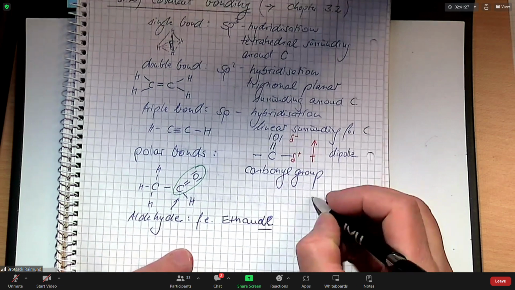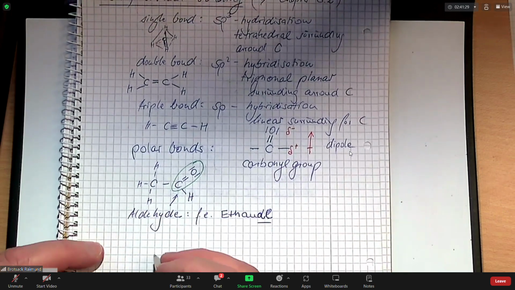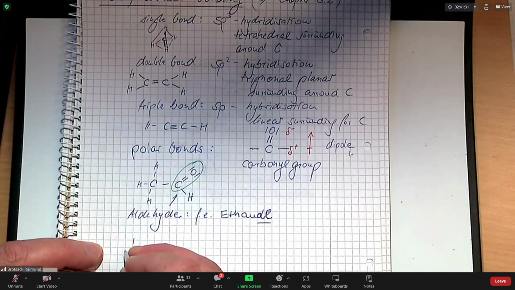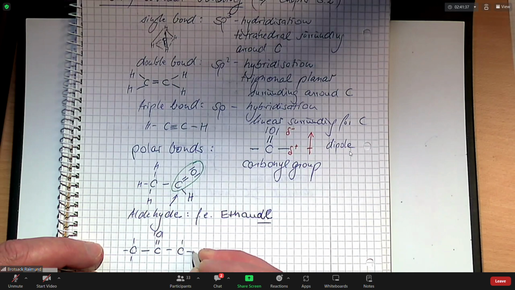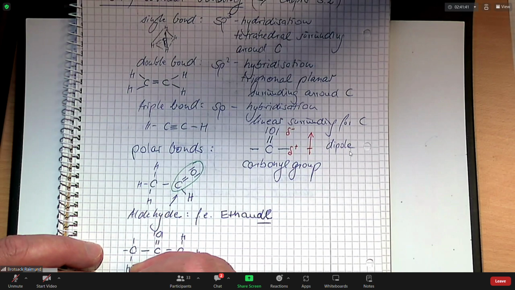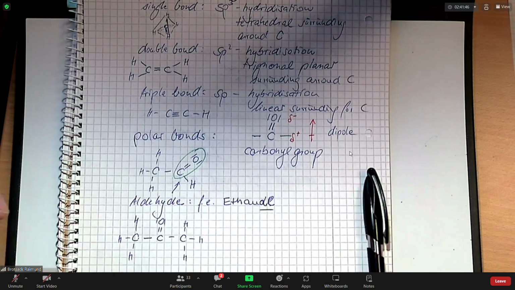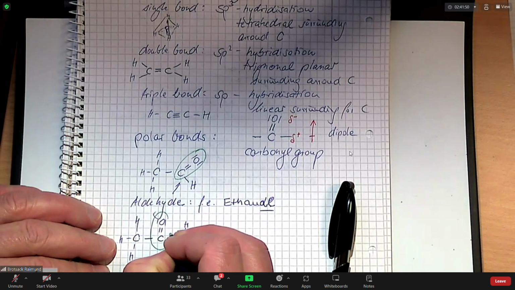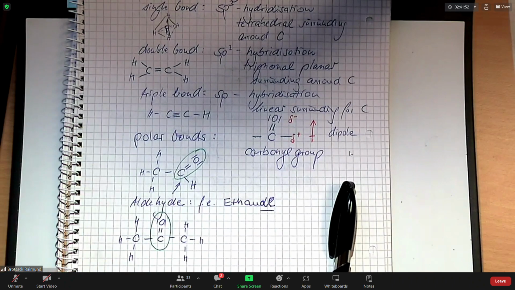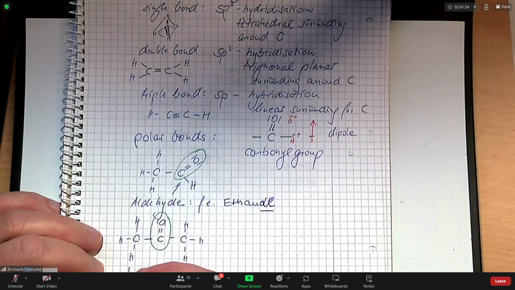So here that's an aldehyde, and when we have a molecule like this, C double bond O, and CH3 again, this one here we see our carbonyl function is in the middle. Then we call it a ketone.